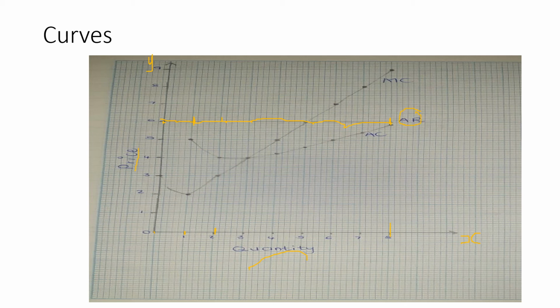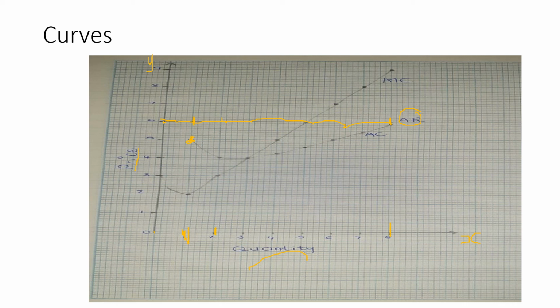And then we need to also draw the average cost curve. Here we are using the total cost that we were provided with by dividing it by each quantity. And we realize that at quantity 1, our average cost is 5. That is our first point.